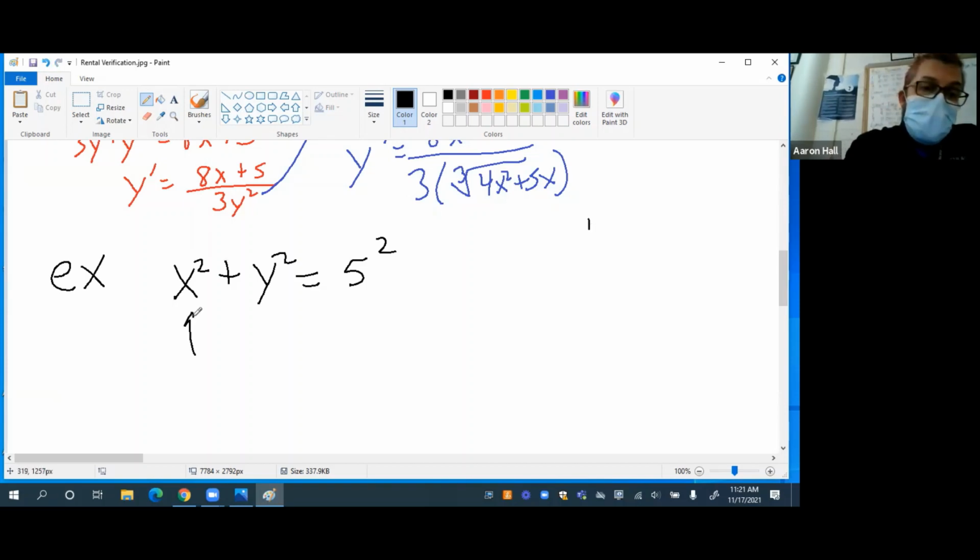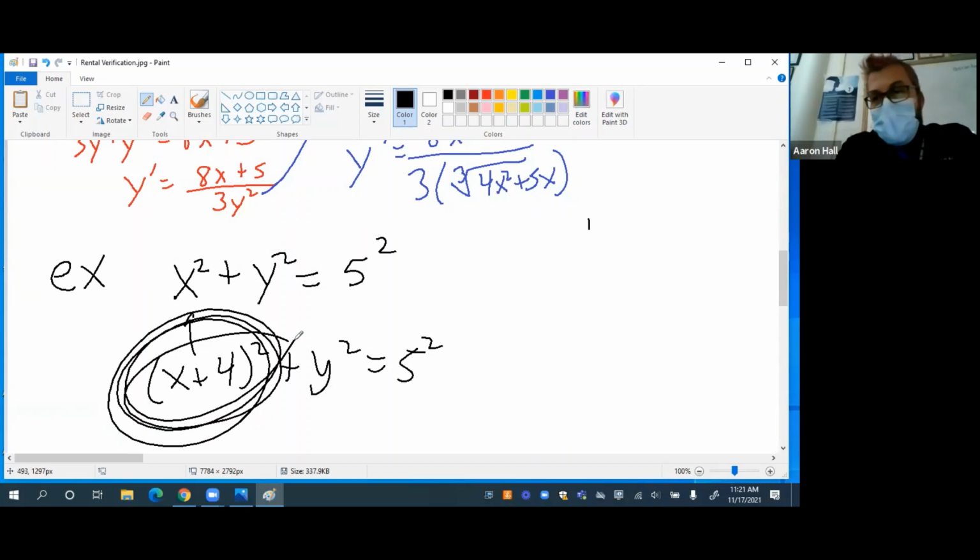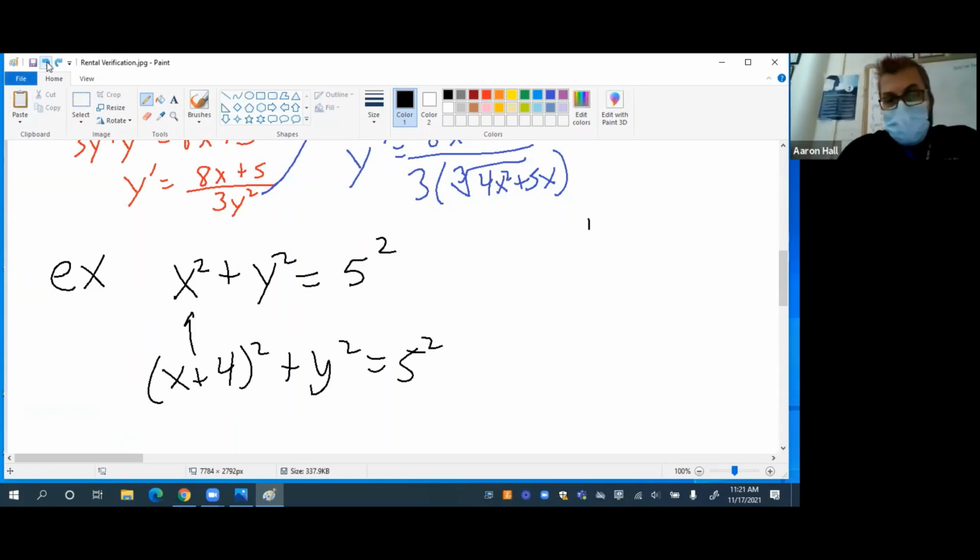Unless I did something to the x, that would be like x plus 5 squared. Let's do another number besides 5 because our radius is 5. How about x plus 4 squared plus y squared equals 5 squared? Where's this circle centered? What kind of transformation takes place here? Horizontal. In what direction? To the left.